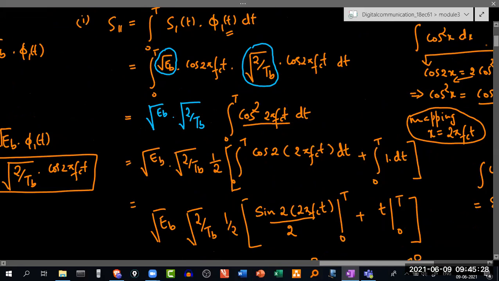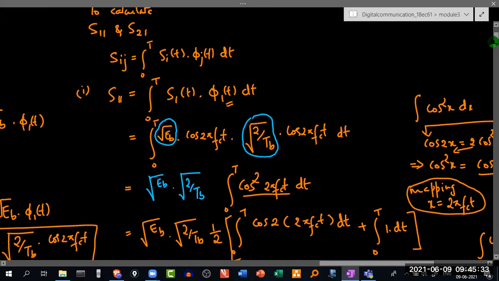So let me just cross-check if I have not made any mistake. Okay, here initially I have made a mistake. If I consider this s1 of t, here s1 of t is not just equal to square root of Eb into cos 2 pi fct.